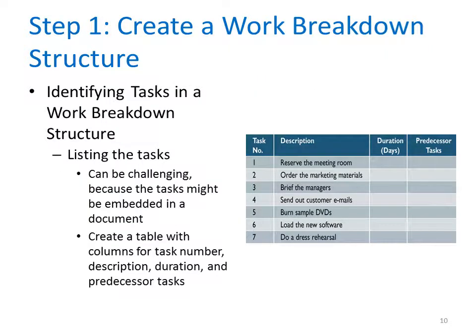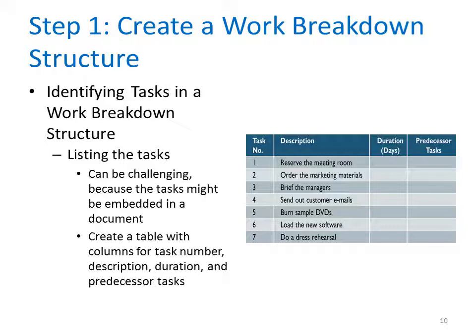The first step in creating a work breakdown structure is to list all the tasks. And while this step sounds fairly simple, it can be challenging because the tasks might be embedded in a document. In your text, go to page 106 and refer to the document on the lower left-hand side of the page.